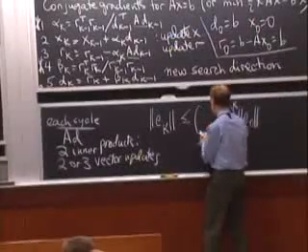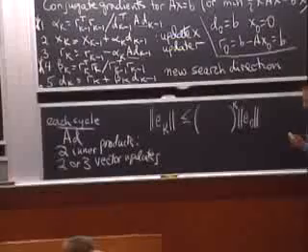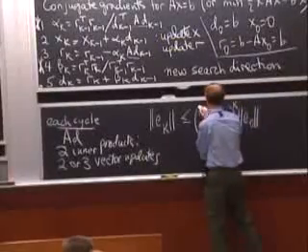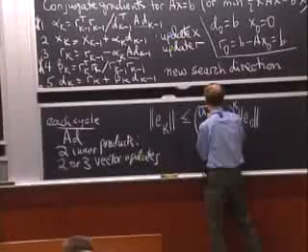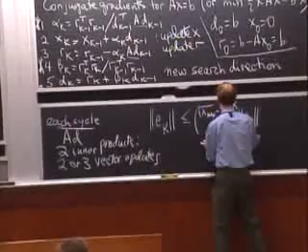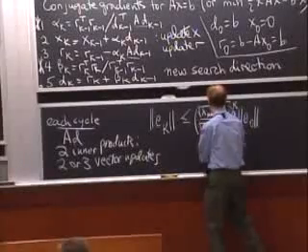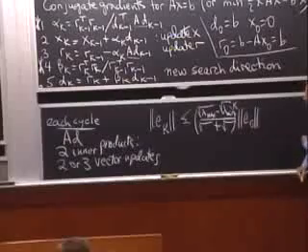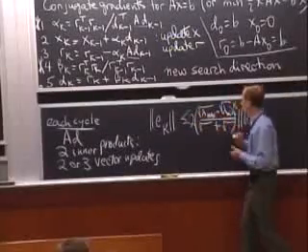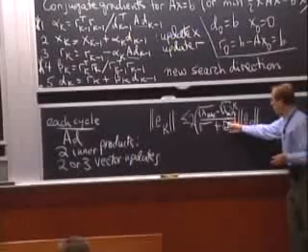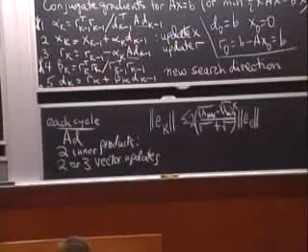I think, so this is maybe not the very best estimate, but it shows the main point, is the square root of lambda max minus the square root of lambda min divided by the square root of that plus the square root of that. And maybe there's a factor 2 somewhere here. So this is one estimate for the convergence factor.